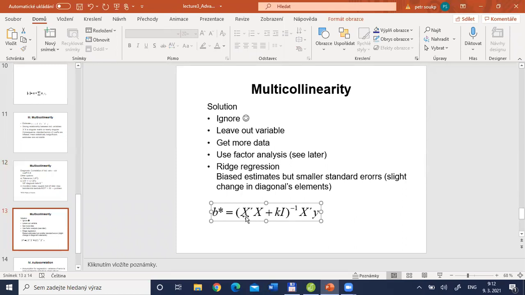So you wouldn't take only the transposed matrix multiplied by the matrix of independent variables, but you would add only a small constant to the diagonal of this matrix. That's why there is k multiplied by the matrix with units on the diagonal. By this small bias of the original results, you would get results that are quite robust to the problem of multicollinearity.